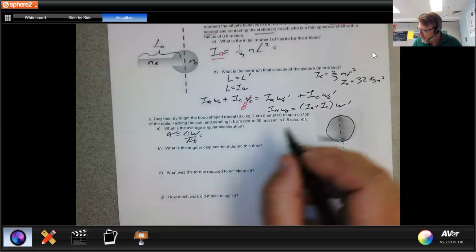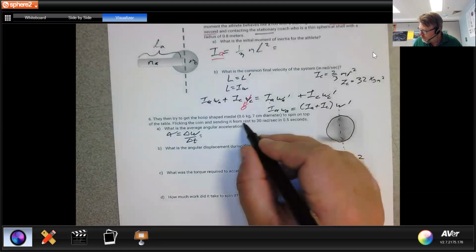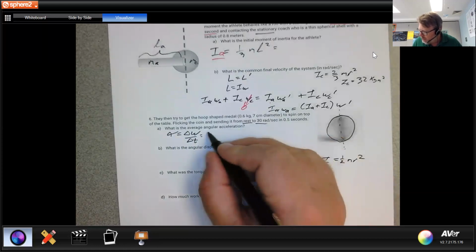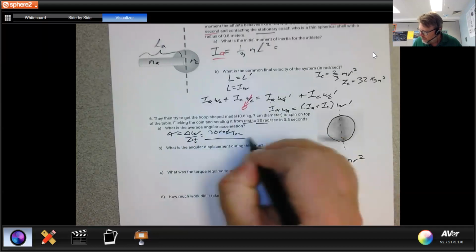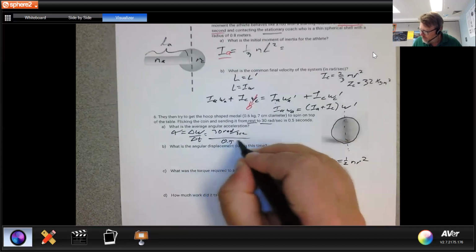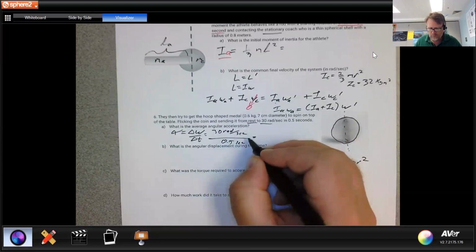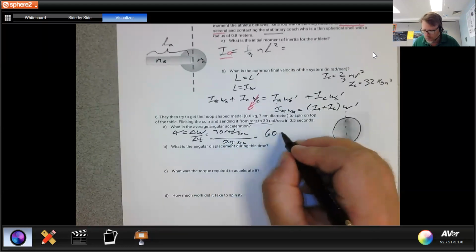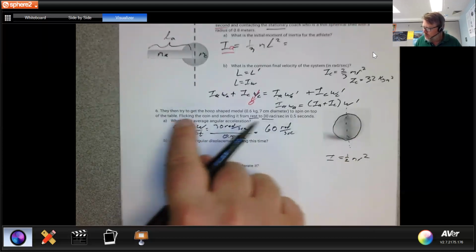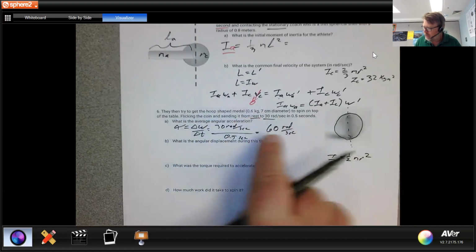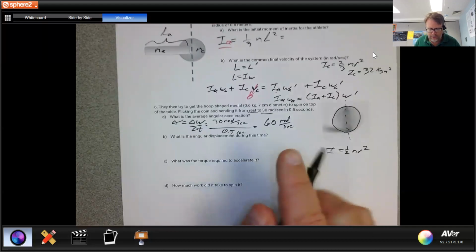And it goes from rest to 30, all within 0.5 seconds. Notice we don't have any information about the athlete, so everyone should be getting the same answer for this.